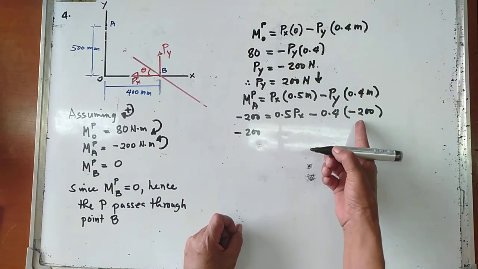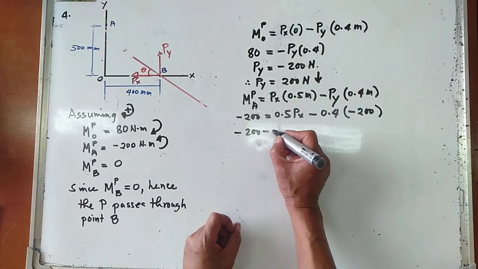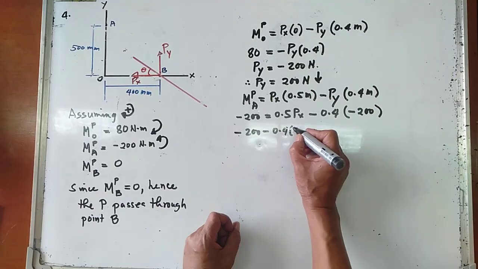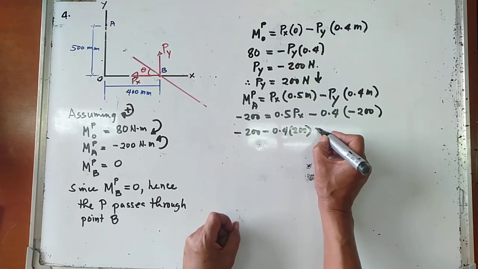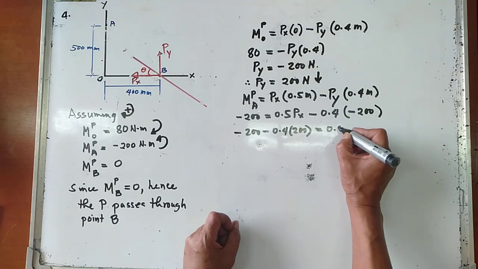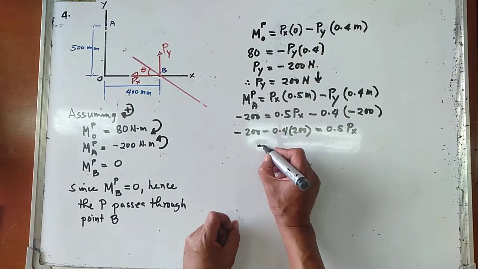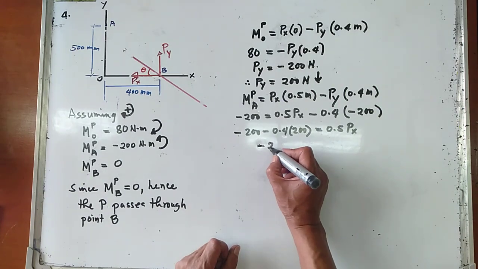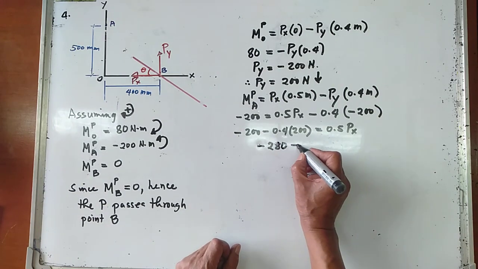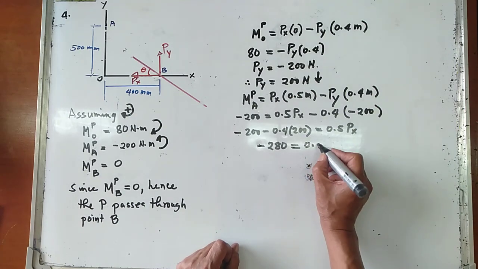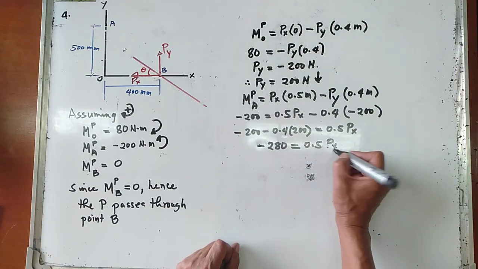So minus and minus is plus, so minus 0.4 by 200 is equal to 0.5 Px. We now have negative 280 equal to 0.5 Px.